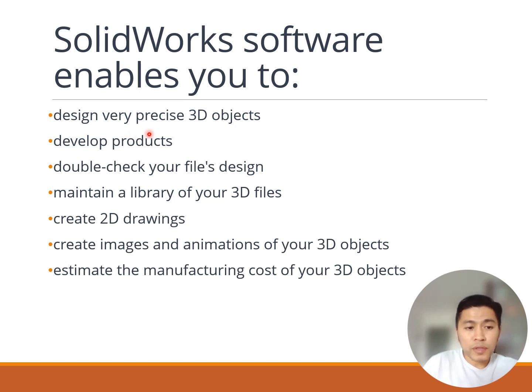We can also use it to develop a product, double check our design files, maintain a library of our 3D files, create 2D drawings, create images and animation of our 3D object, and also estimate the manufacturing cost of our 3D object.